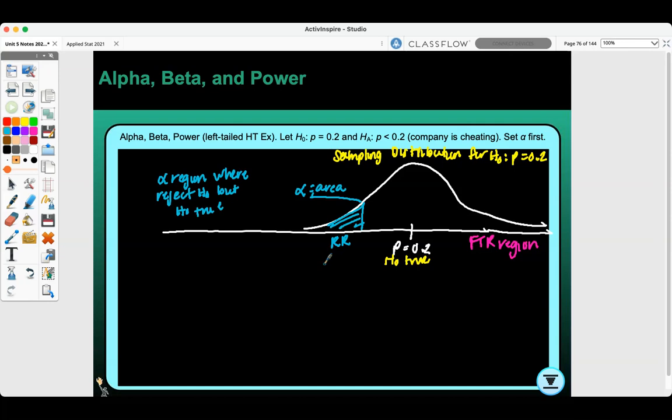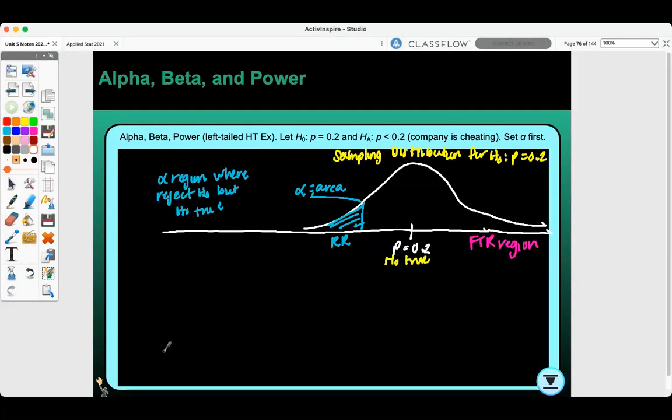Okay, so power is the region where we reject the null hypothesis and the alternative hypothesis is true. So we can move our P and compare this when we increase our power and decrease beta.